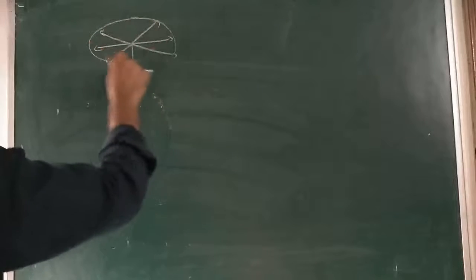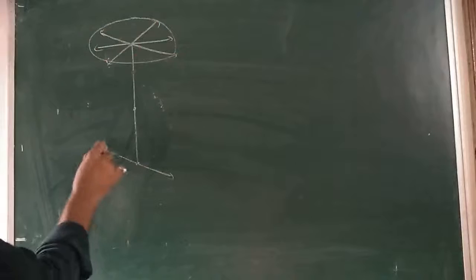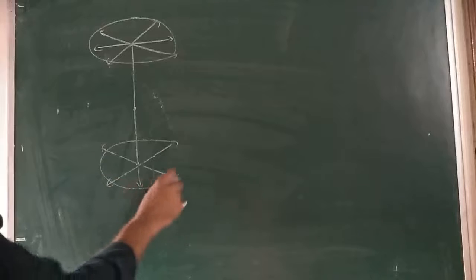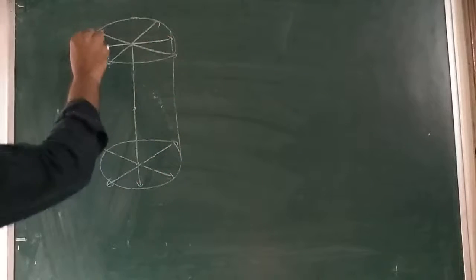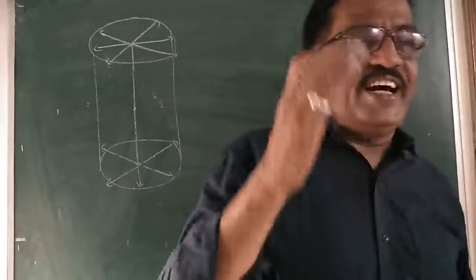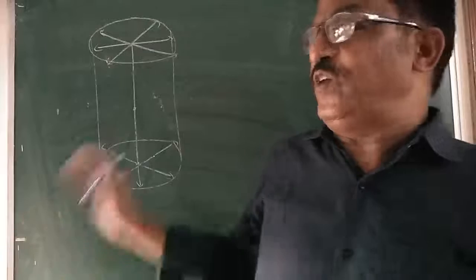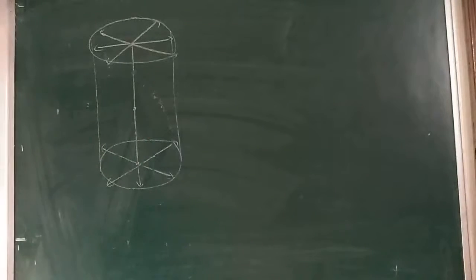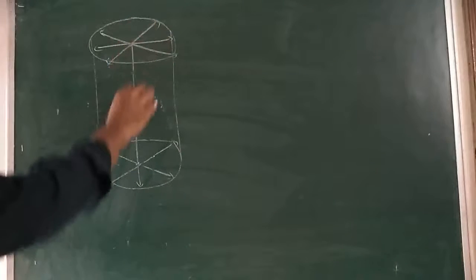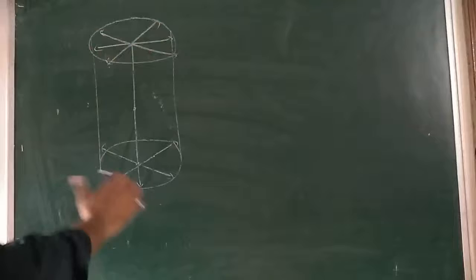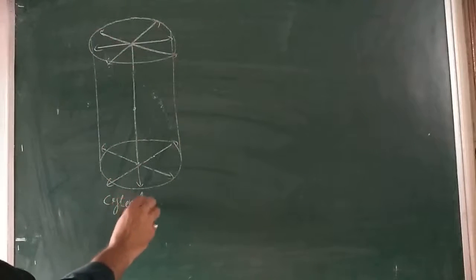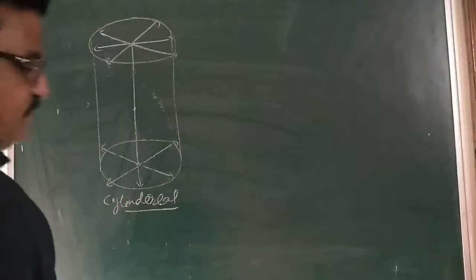When you join them, what is this? Sir, it is a cylinder. So we are getting a cylindrical wavefront. All the points equidistant from the source lie on a cylinder. Such a wavefront is called a cylindrical wavefront. Is that clear? Yes, sir.